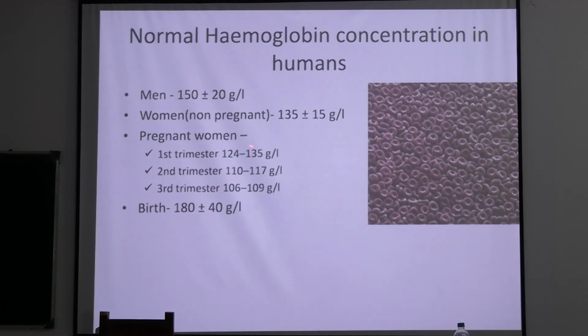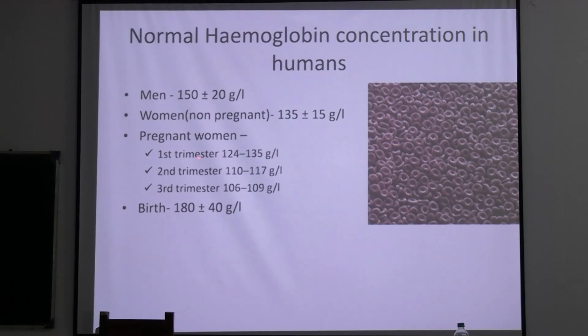In pregnant woman, the value differs. In the first trimester, it is like 12.4 plus minus 1.35 gram per dL. In the second trimester, it is 11 plus minus 1.17 gram per dL, and in the third trimester it is like 10.6 plus minus 1.09 gram per dL.